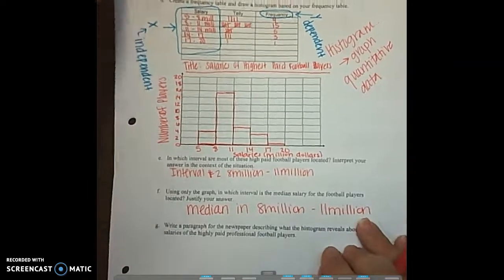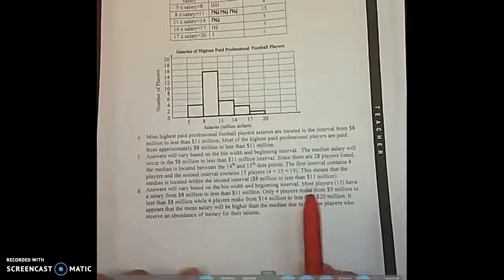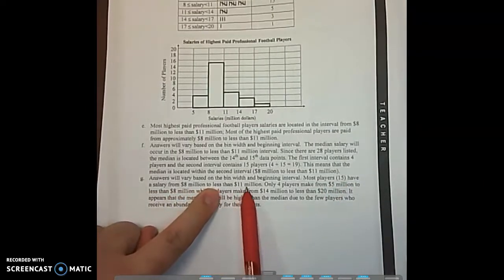Number 9 says write a paragraph for the newspaper describing what a histogram reveals about the salaries of the highly paid professional football players. So these answers will vary, but it could say something like most players, 15, have a salary from 8 million to less than 11 million.